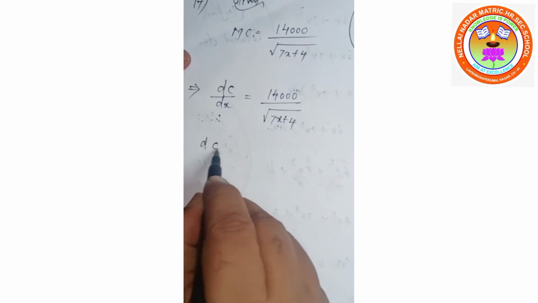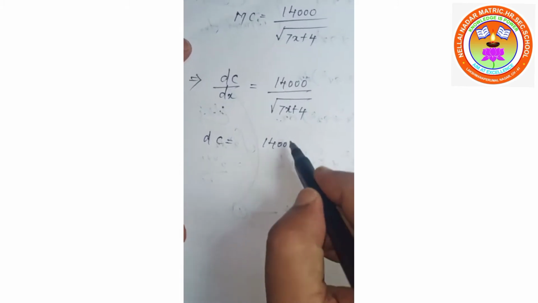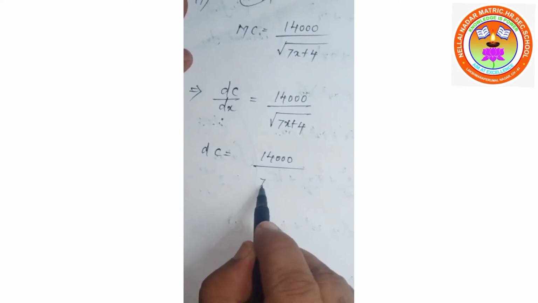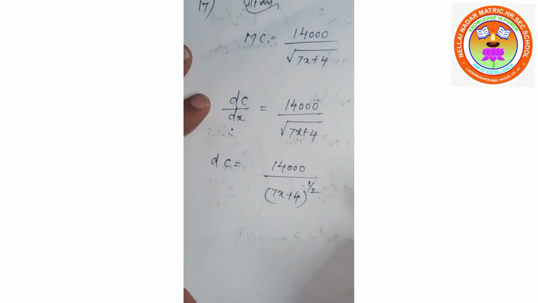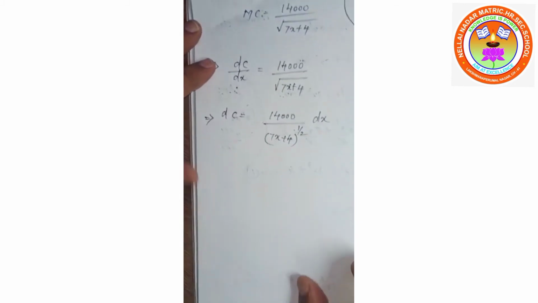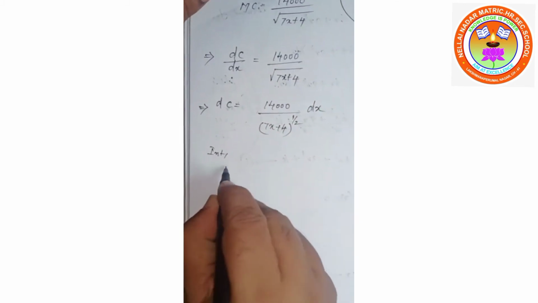Then dC equals 14,000 divided by root of 7x plus 4, which can be written as (7x plus 4) power half, both same only, into dx. Now variables are separated. Now you can integrate on both sides.